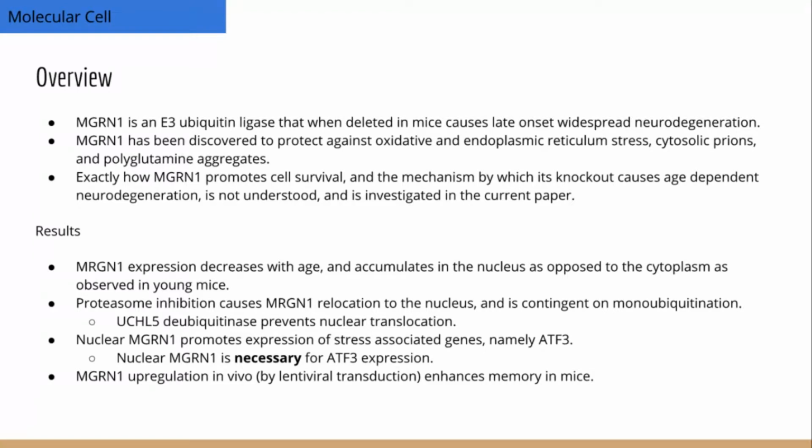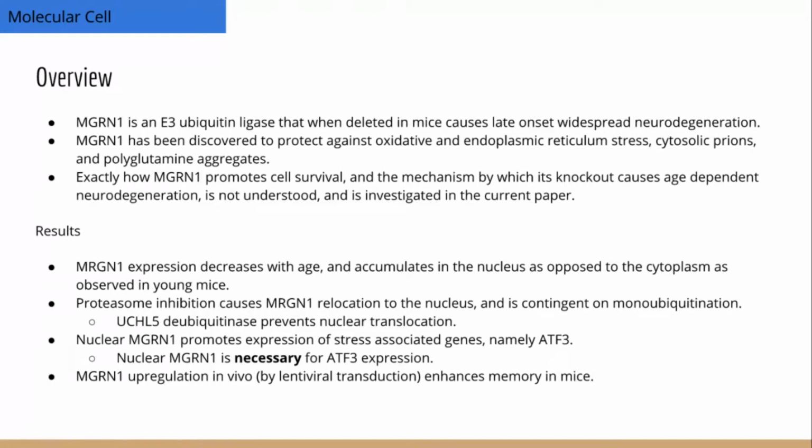First, they observed an age-dependent decrease in overall MGRN1 expression. Additionally, MGRN1 that remained in aged mice was almost exclusively located in the nucleus, distinctly different from the cytosolic localization observed in young mice. Since MGRN1 is a ubiquitin ligase, the authors decided to see if the proteasome activity was perhaps orchestrating the relocalization of MGRN1 from the cytosol to the nucleus.